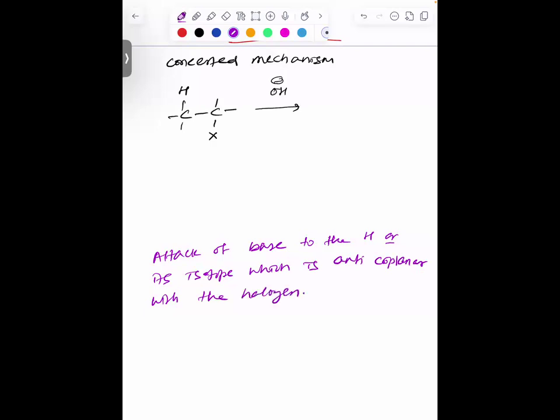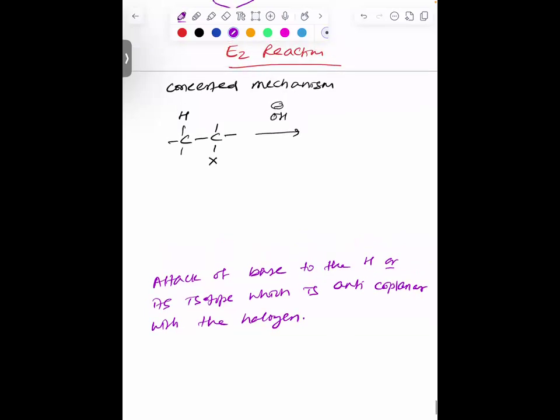What is the meaning of anti-coplanar? Anti means opposite side, and they must be present on the same plane.